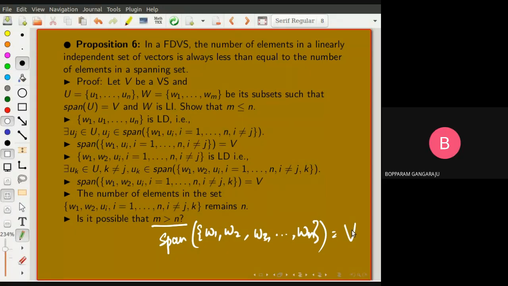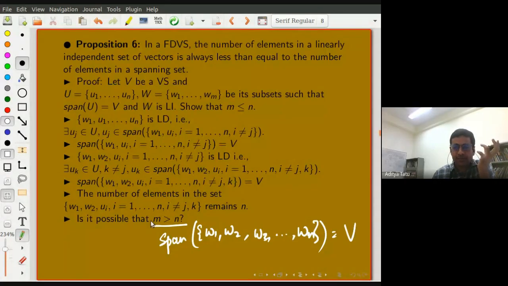Then W cannot be linearly independent. Exactly, because if m is greater than n, then there is another vector w_{n+1} in the set W. But since the span of these n elements is V, w_{n+1} will also belong to this span.